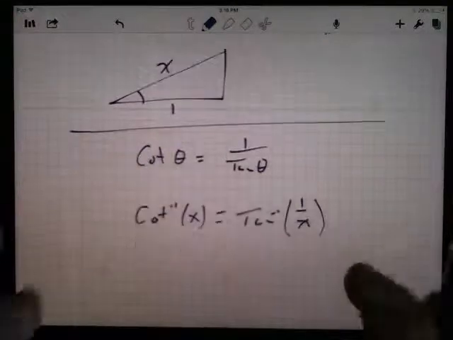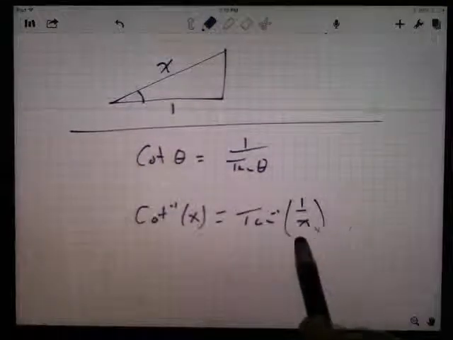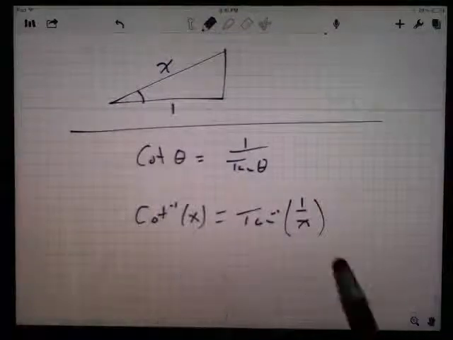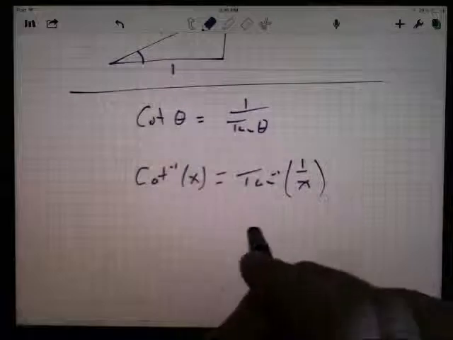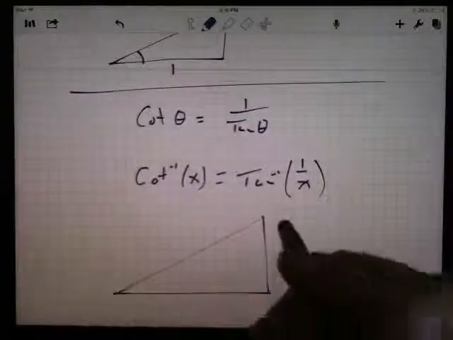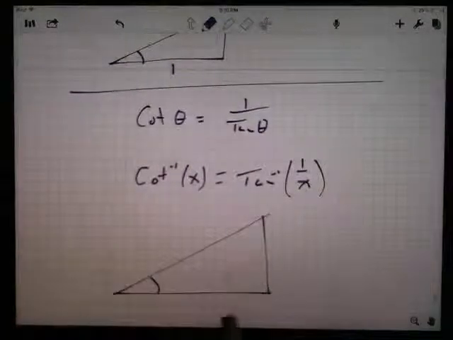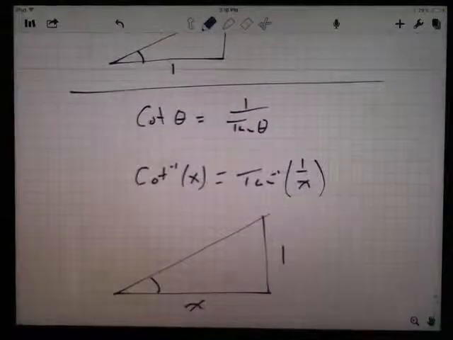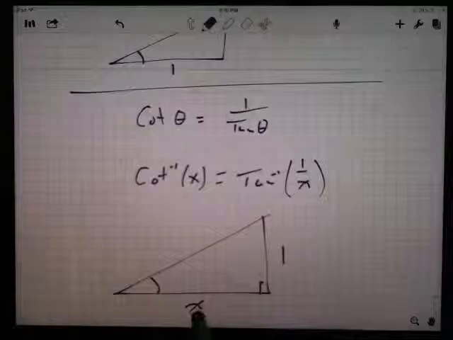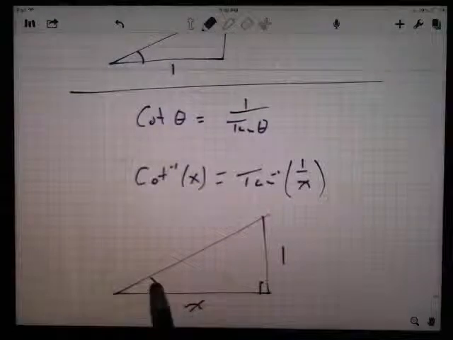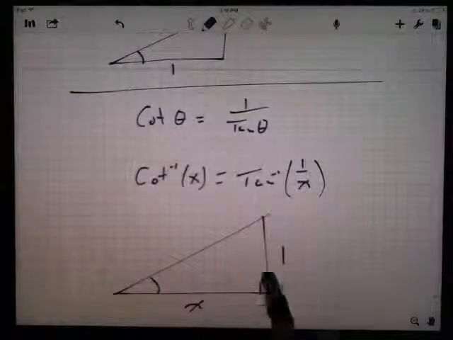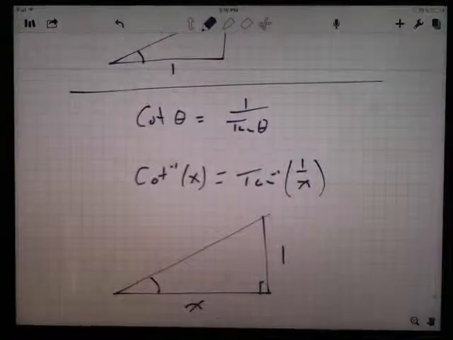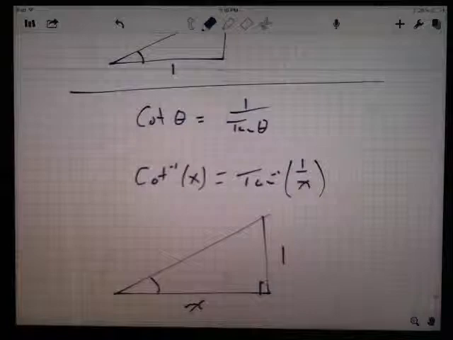The input here is the ratio of sides, the output is an angle. I don't want reciprocal angles, I want reciprocal ratios of sides. The picture for this is that if I call this x and this 1, then this angle right here is the angle whose cotangent is x divided by 1. It's also the angle whose tangent is 1 divided by x.